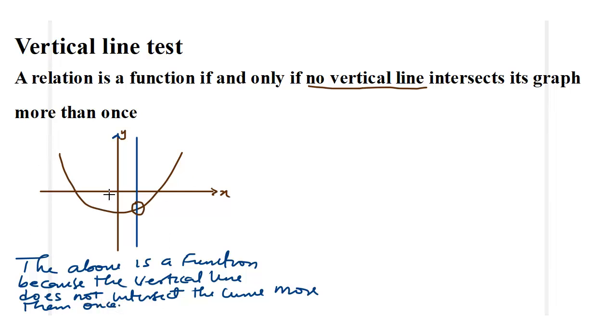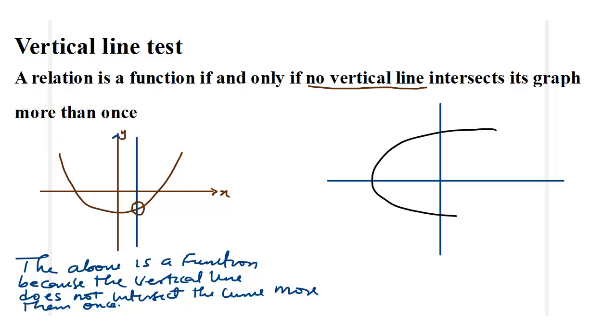Then let's look at another case. If you have something like this, let me draw it, I want you to look at this curve carefully. Note this is the y-axis of this curve, so don't mistake it for the vertical line. This is the x-axis. Let's say the vertical line is like this.